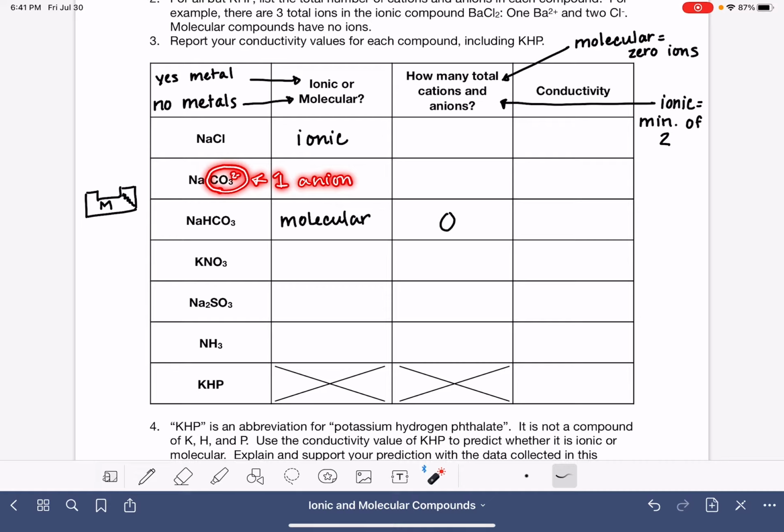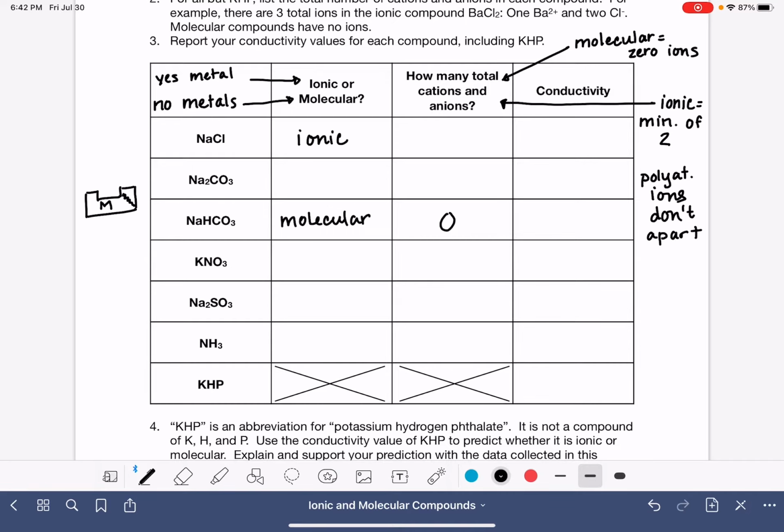So it's going to be helpful when you're working on this to not only look at the periodic table, but you should also be looking at a table of polyatomic ions so that when you're looking at these formulas, you can find the polyatomic ions. Remember, if you have a polyatomic ion, it does not fall apart. They are going to stay intact.